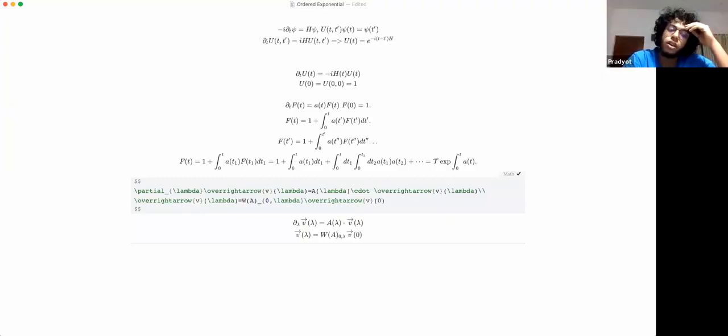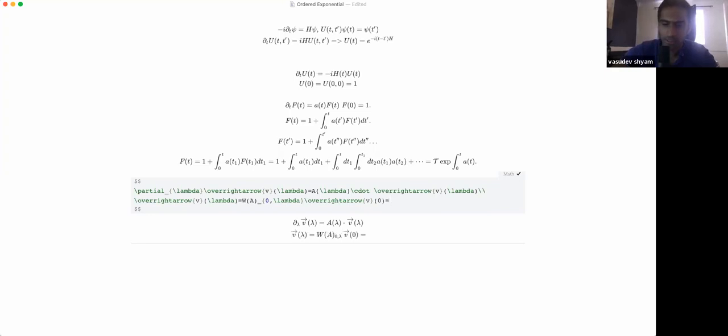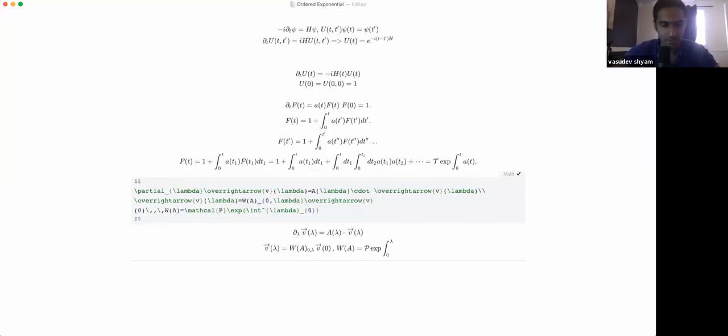And now the expression for the Wilson line is what's called the path-ordered exponential, the integral from 0 to lambda of A, dotted in the appropriate way with the line element along lambda.